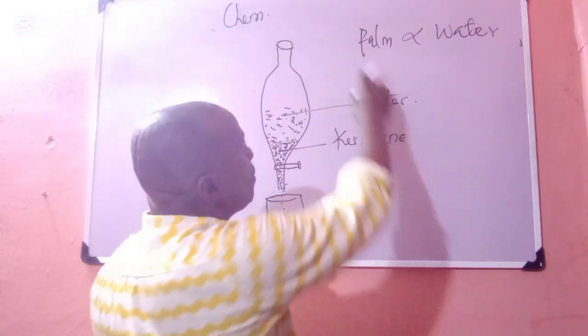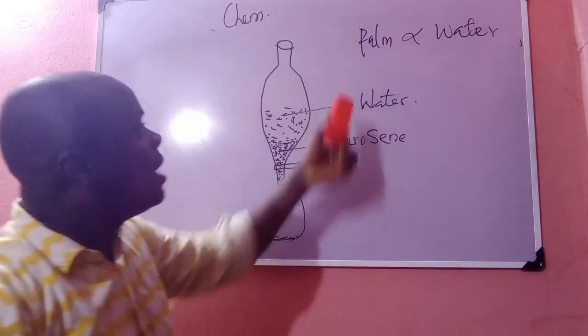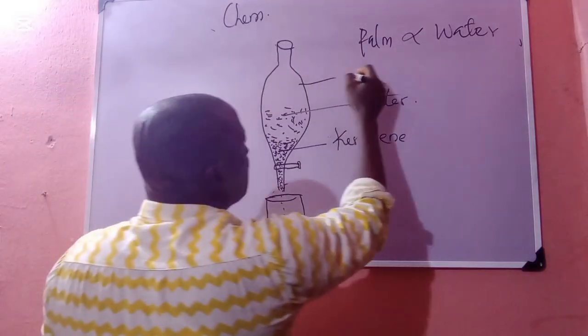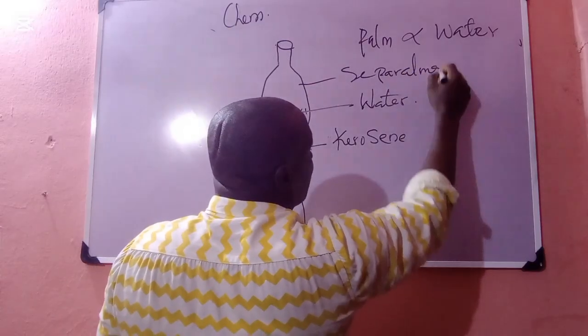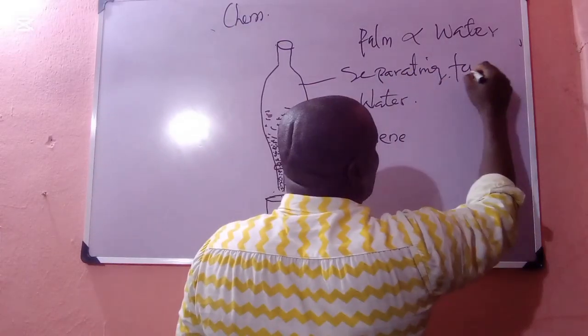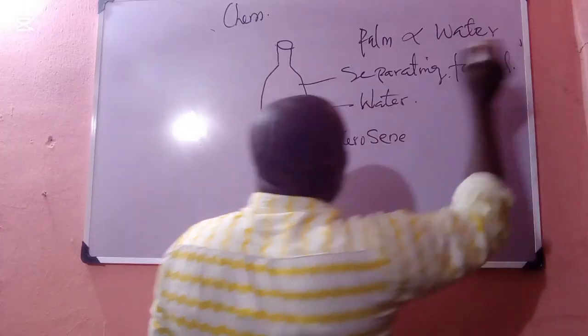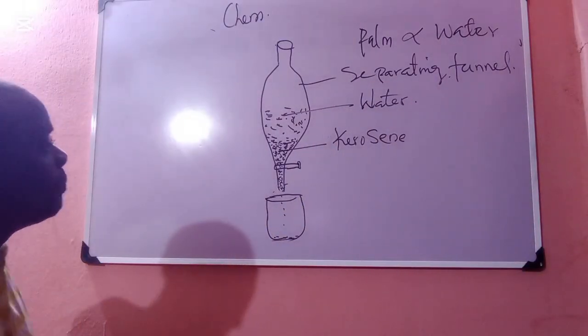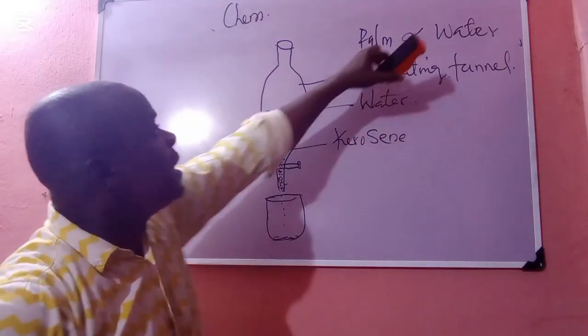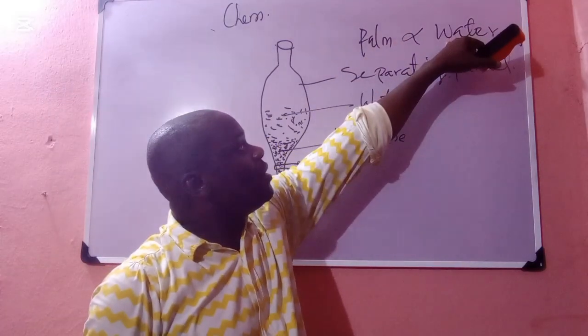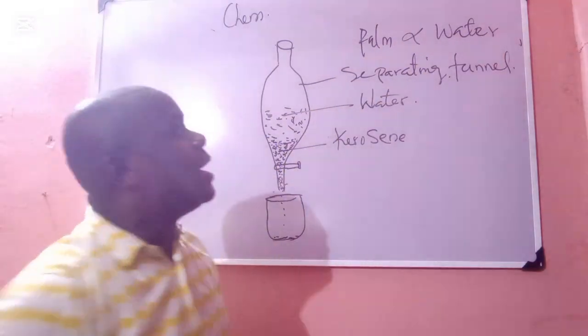If you want to separate these two, you also need a separating funnel, because the density of palm oil and the density of water are different.